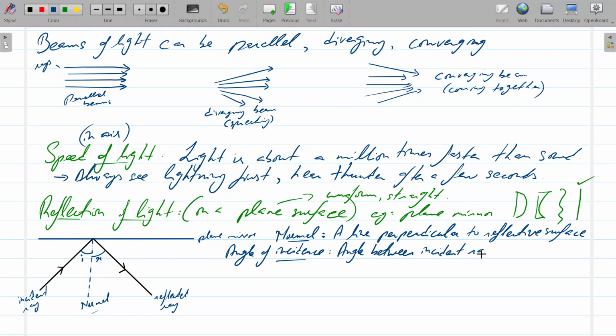Then you have the angle of reflection, which is the angle between the reflected ray and the normal.